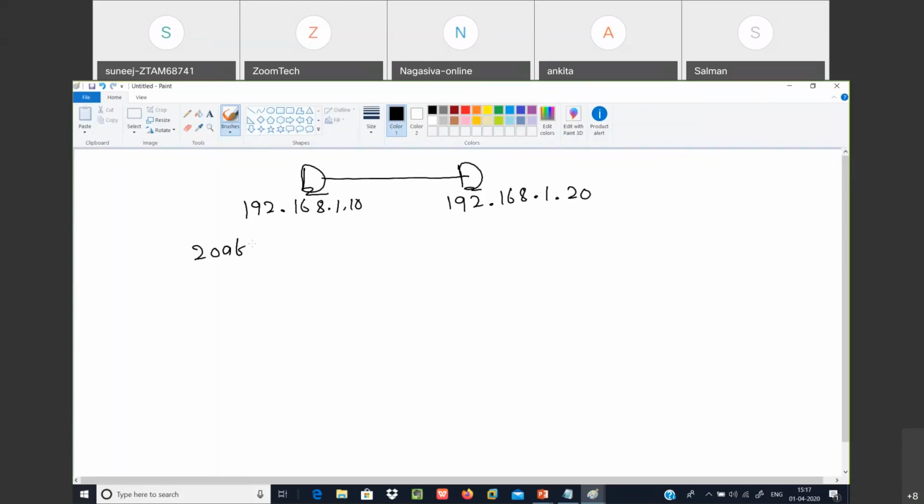The next question is, for the first computer, 20AF colon double colon 20AF colon 2CF double colon 1. For the next computer, the IP address is 20EF colon 2CD double colon 1. Will they communicate, guys?